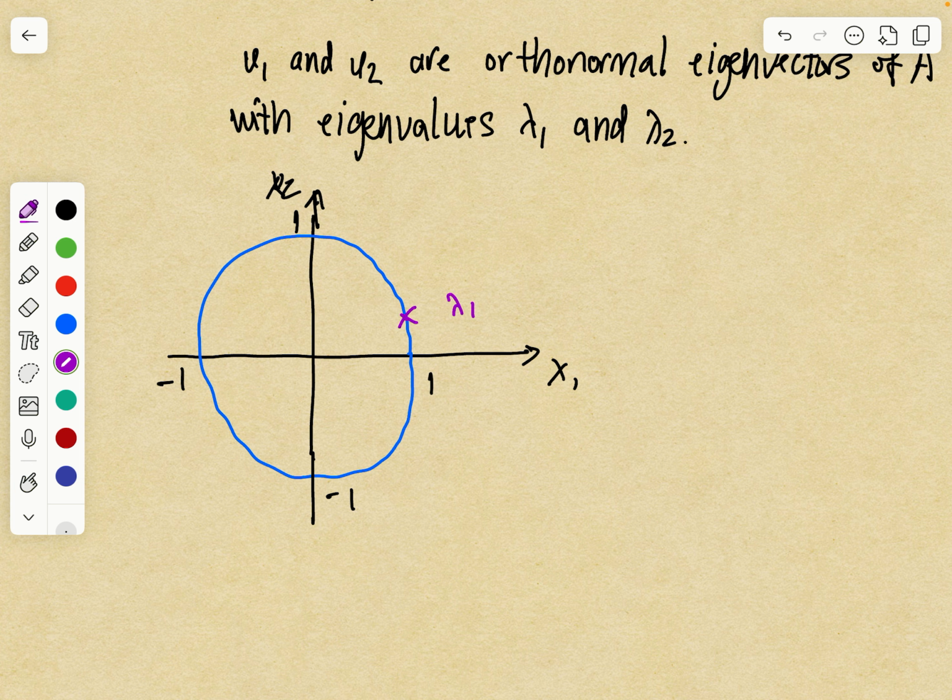This is obtained when you plug in the vector u1 into z. And the quadratic form attains a minimum value of lambda 2 at u2.